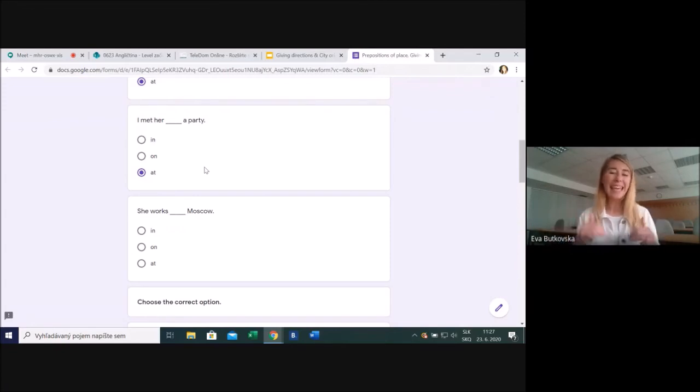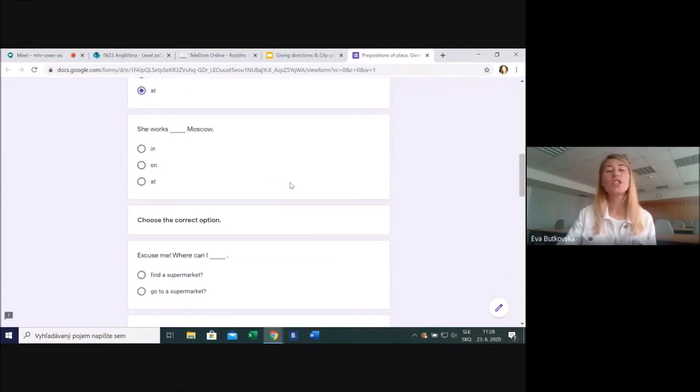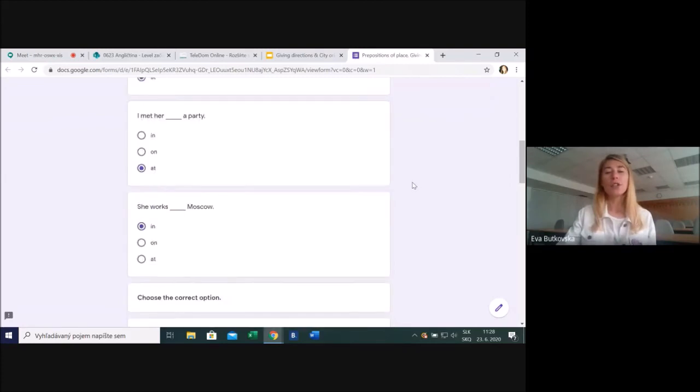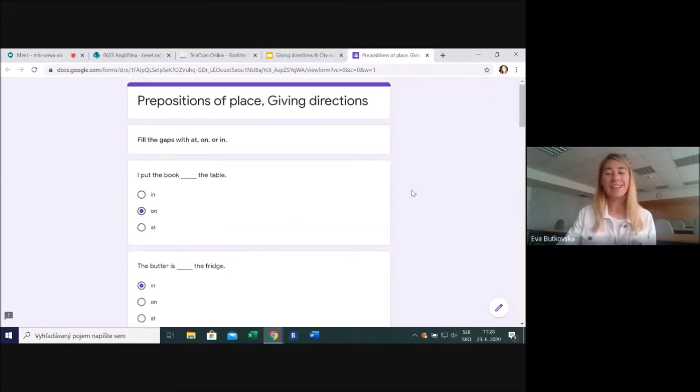You can be in the house, you can be on the rooftop, you can be in the garden, but you're still at a party. Therefore, we use the preposition at because we want to express the whole place. So at a party or at work. At. And the last one, she works in Moscow. So in the city. Good. So that was 5 easy sentences.